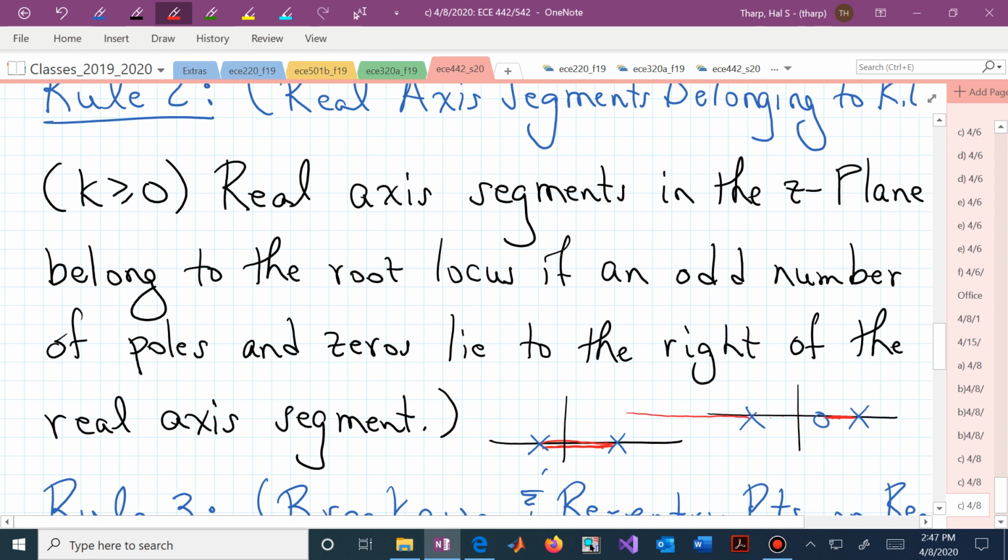Any point here does belong to the root locus, because wherever you're standing here, you look to your right and you see an odd number of poles and zeros. We've now found which real axis line segments belong to the root locus based on rule number 2.